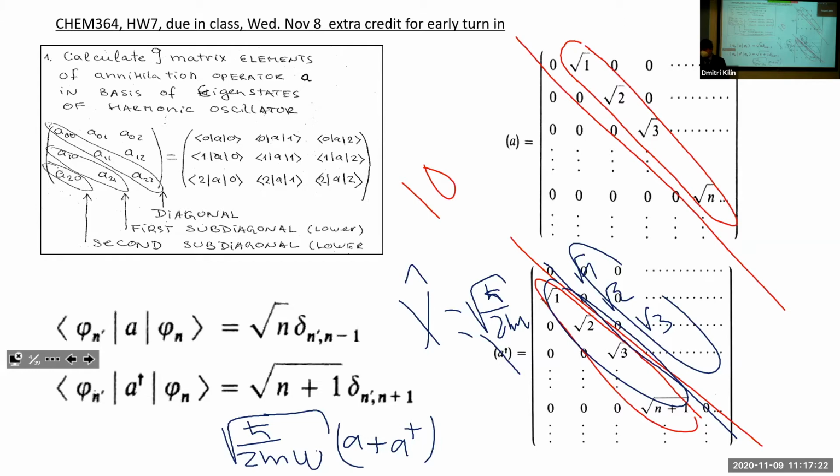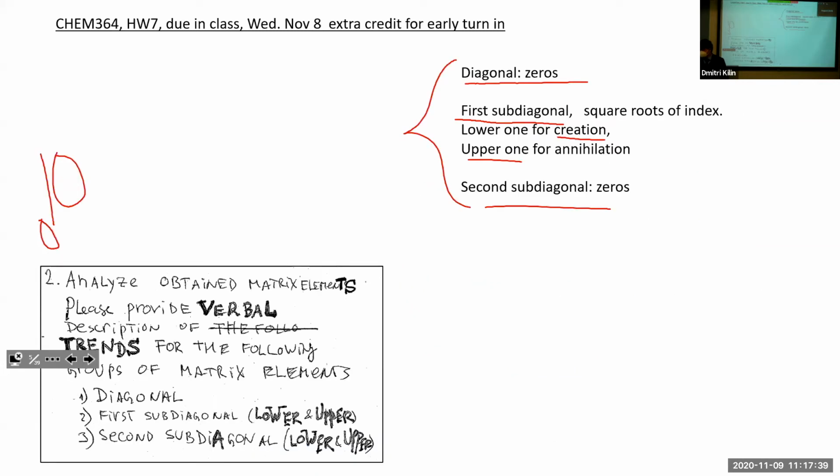For the initiation, it is the upper subdiagonal. For creation, it is the lower subdiagonal, and it has a square root of the number factor in front of it. So basically, we instantaneously get the second one.